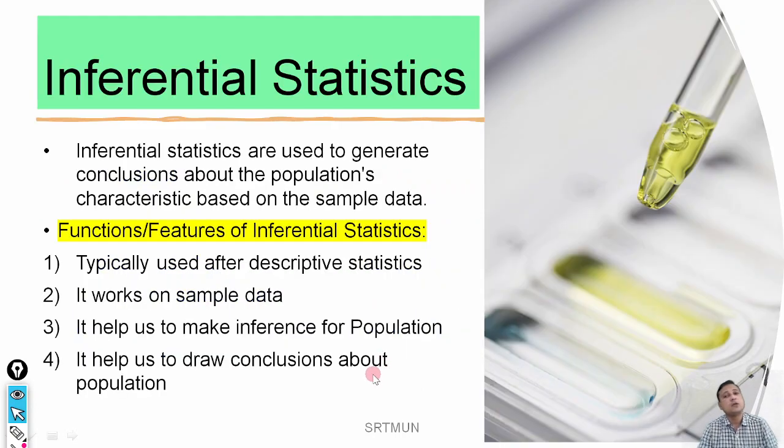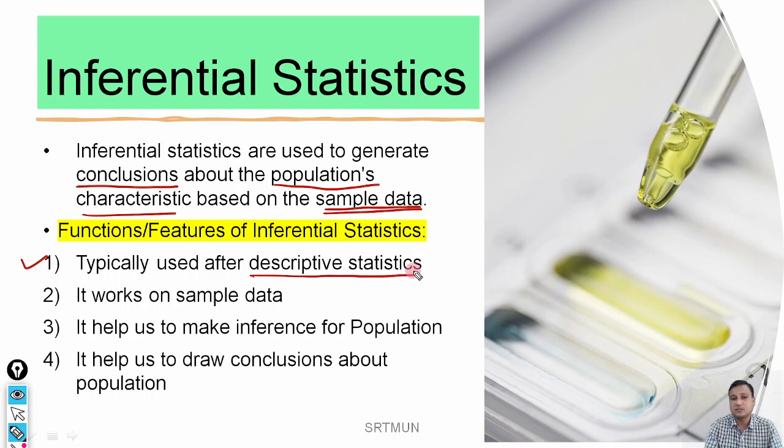Fine. Now we'll shift to the second classification, that is inferential statistics. What is inferential statistics? Inferential statistics are used to generate conclusions about population's characteristics based on sample data. So it works on the sample data. What are the important functions or the features of this statistics? First is, typically it is used after descriptive statistics.